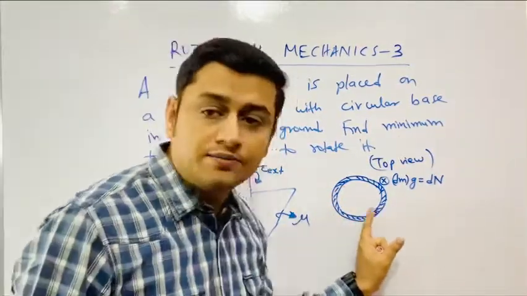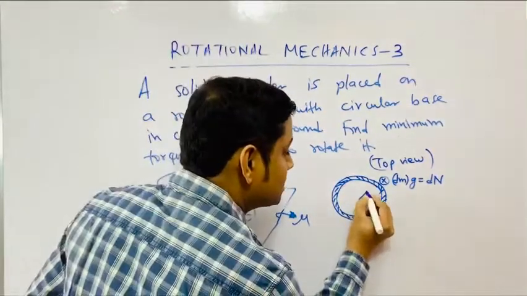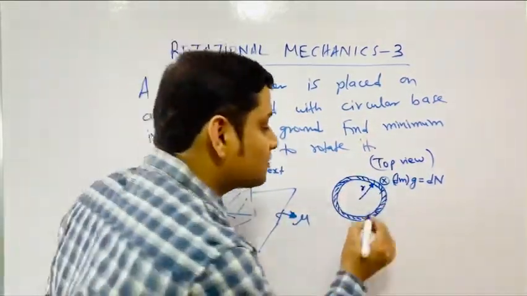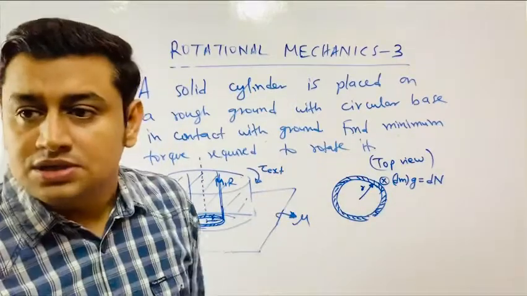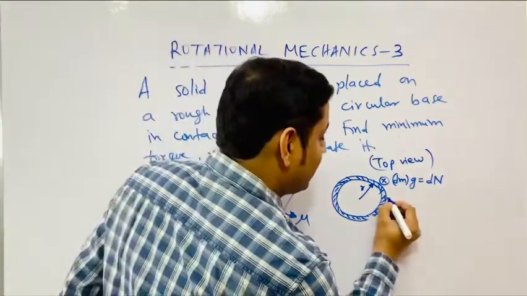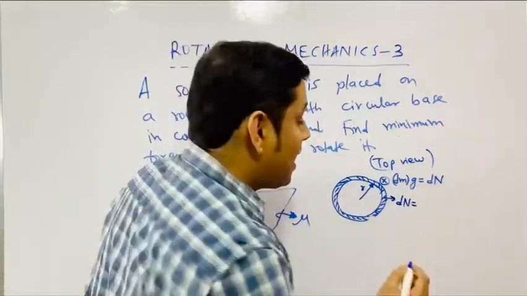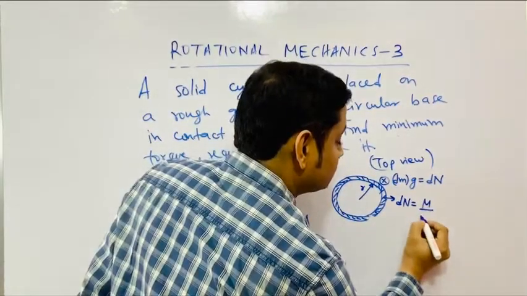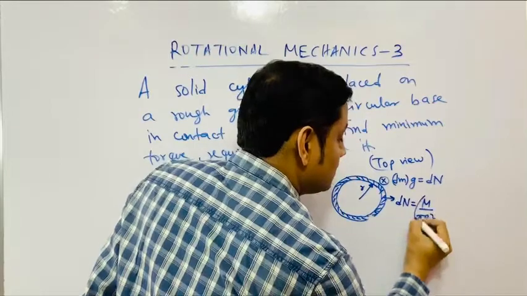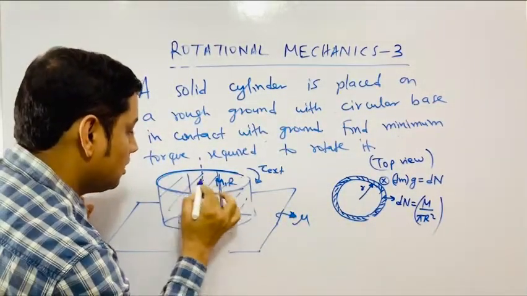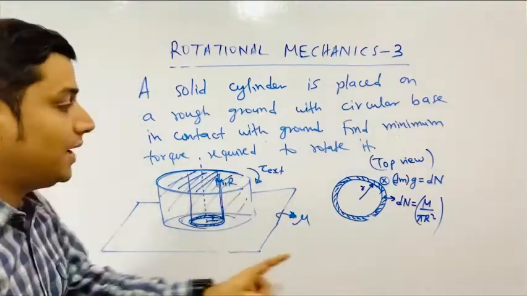So understand, at a distance r from here, between r and dr, we are getting a ring. Let us find the weight of this cylindrical cell. I can write this weight as dN is equal to dm into g, and that is equal to mass per unit area. The total mass was distributed over a total area of pi r square.